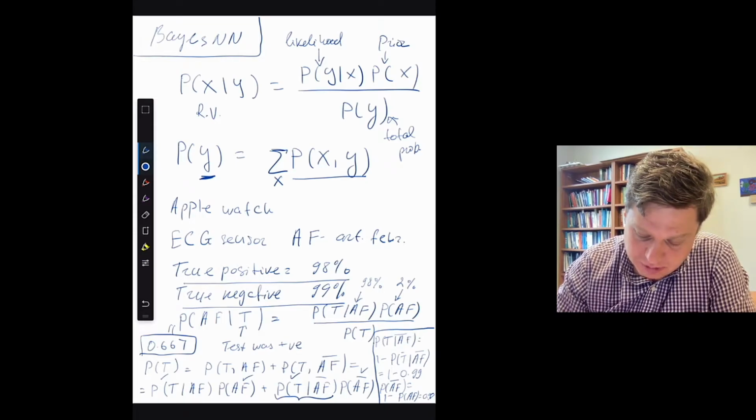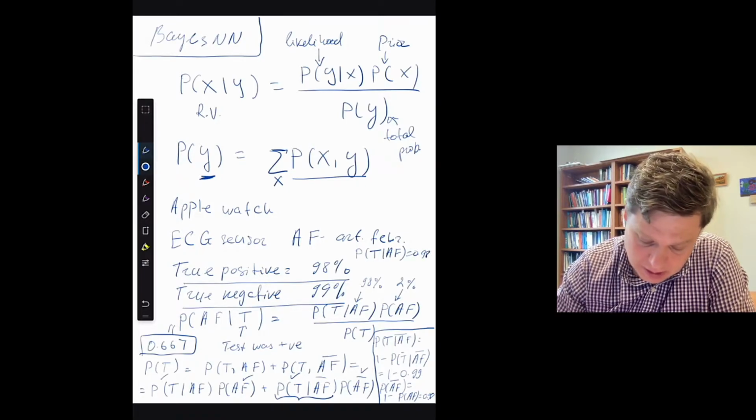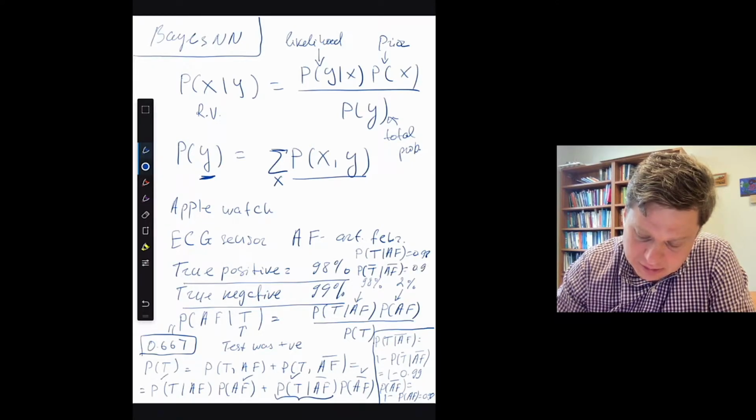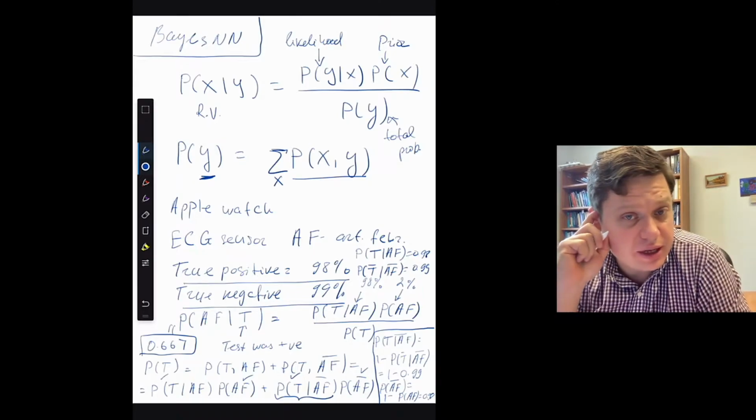True positive rate means that the probability that the test is positive, given that the person has arterial fibrillation, is 0.98, and the true negative rate of 99% means the probability that the test is negative, given that the person does not have arterial fibrillation, is 99%.